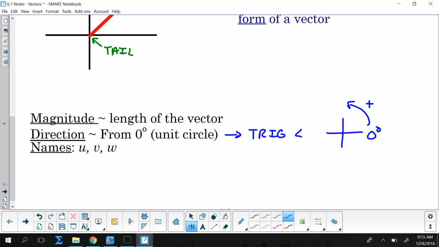Okay? Which is going to come into massive confusion as we get farther and deeper into this packet when we get to navigation. Because navigation, 0 is up top, okay? So we've got to convert bearings into trig in order to use it. Because when we're using it in vector form, we use it with the trig angle, not the bearing angle. Okay? Names.